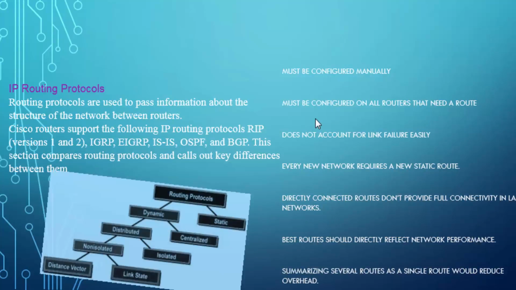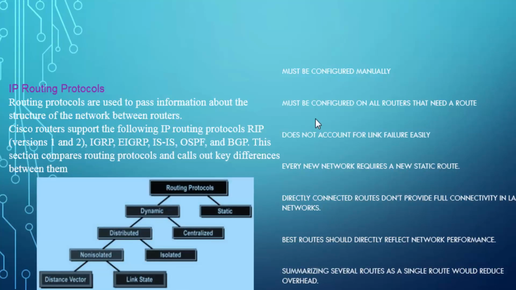We're going to see a graphic over here of the different routing protocols and the difference between dynamic and static. That is basically how fast they can converge when there is some issue in the network. For example, a link failed, and it needs to find a very fast way to get another link that can connect two different networks.